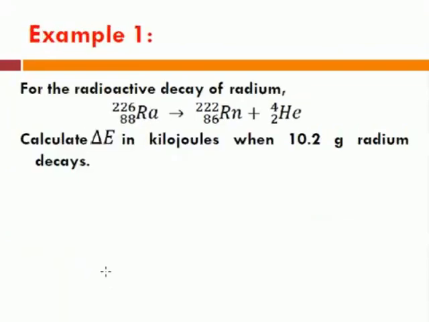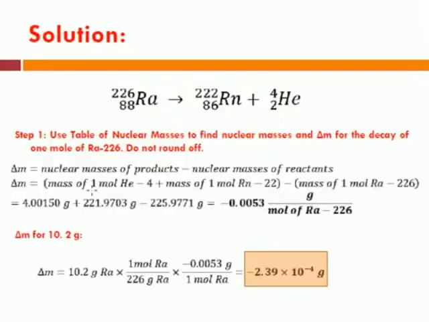But the question is, calculate the delta E in kilojoules when 10.2 grams radium decays. So, the computed value for delta M here is for 1 mole of Ra-226, not for 10.2 grams. So, we have to compute delta M for 10.2 grams of Ra-226.